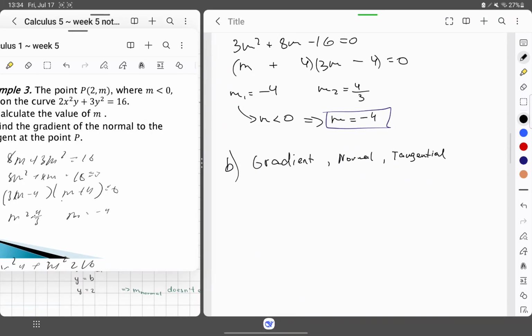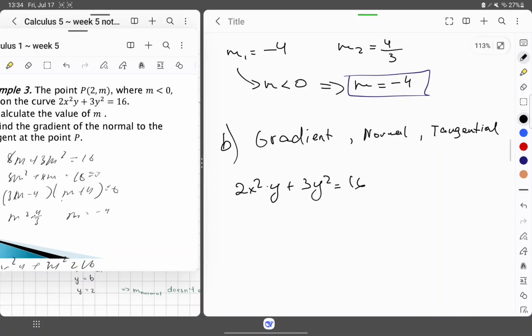2x squared times y plus 3y squared equals 16. So what is the derivative of this function?